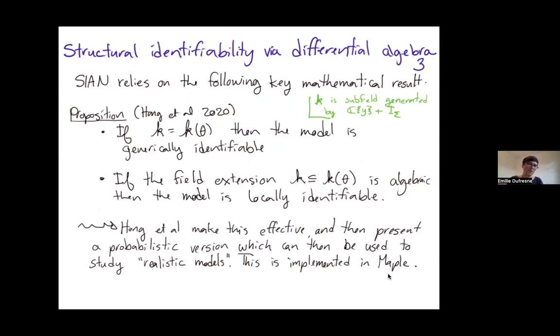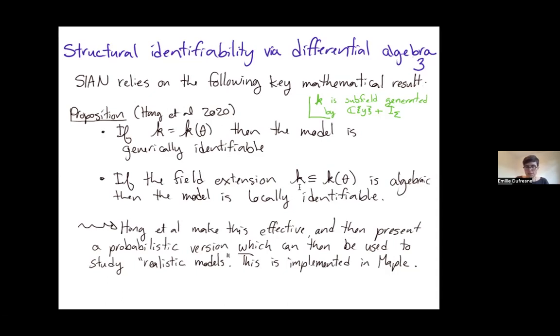Cyan will rely on the following key mathematical result. If you take little k to be the subfield generated by the polynomial ring in y and its derivatives, so that's just the measurable output here, then if k is equal to the field k when you adjoin the parameters, then the model is generically identifiable.